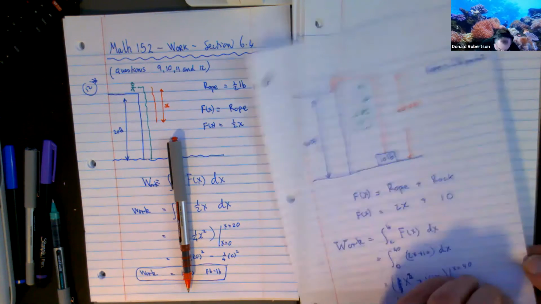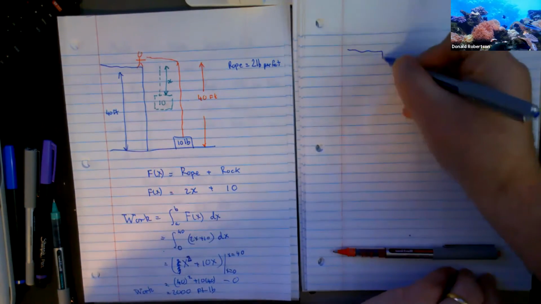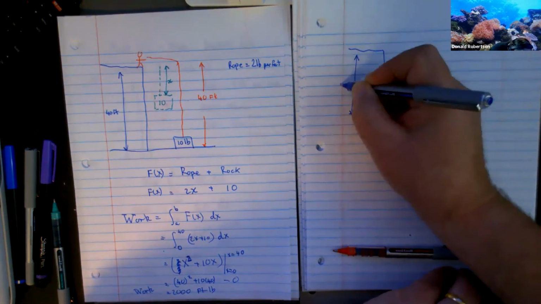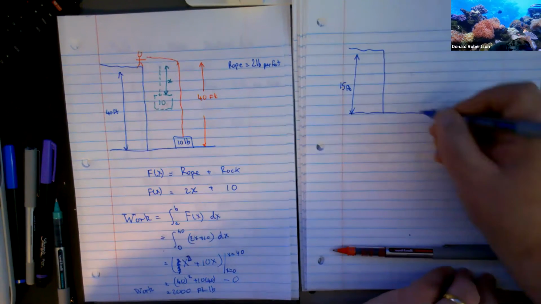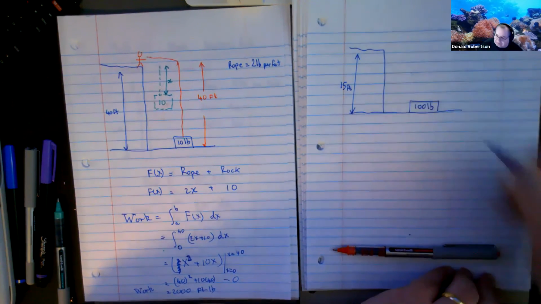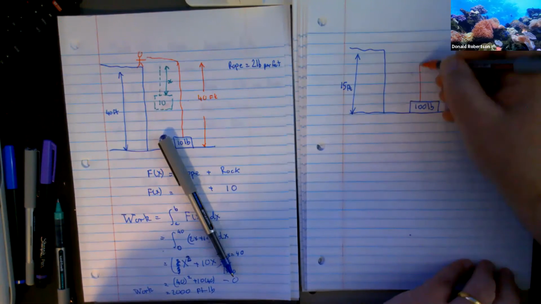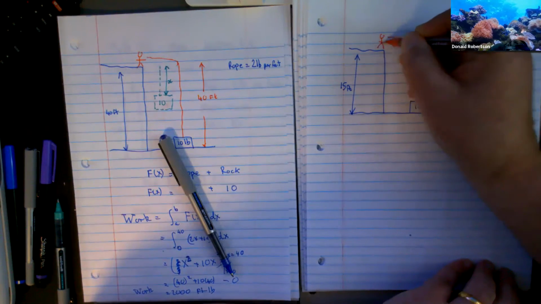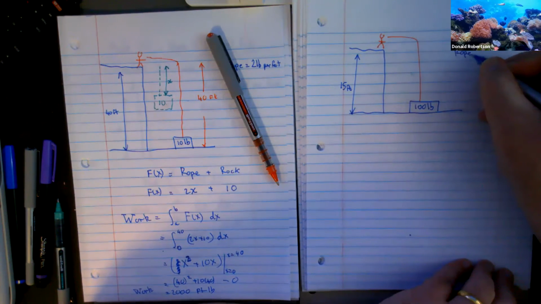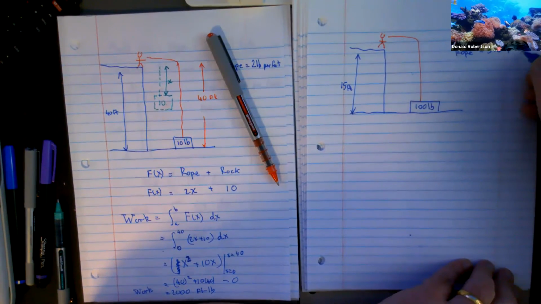Okay, then I'm going to give you a shot at that. There's my picture. This is 15 feet. 100 pounds, and you're going to lift it. 15 feet, and the rope, probably a chain, is 5 pounds per foot.